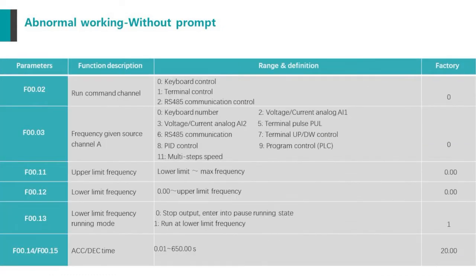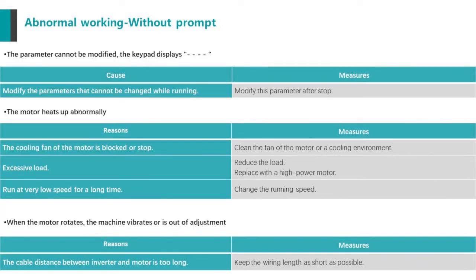Sometimes the motor could be heated up abnormally, which means the temperature is very high. If the cooling fan and the environment are good, then we need to check if there is an excessive load, such as the impeller being blocked, or the inverter running at low speed for a long time, especially below 20 Hz.